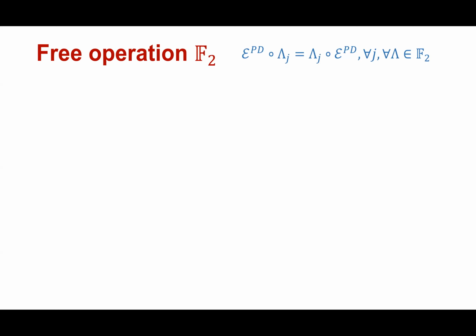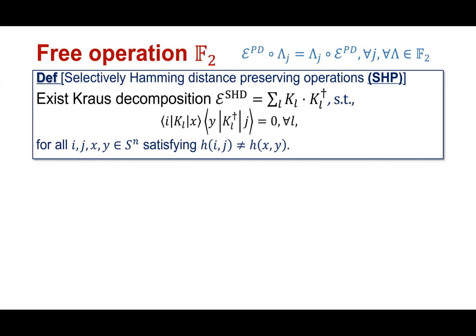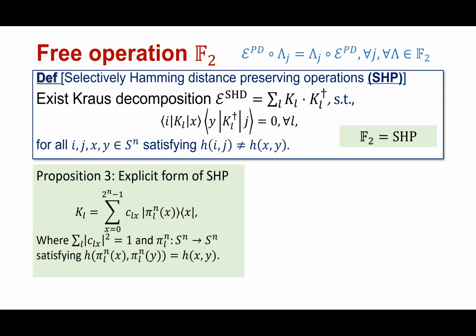So here comes our second set of free operations, which is the selective one. We prove that it is a selective version of Hamming distance preserving operations, and we can give the explicit form of the Kraus operators of the selective version of the Hamming distance preserving channel.